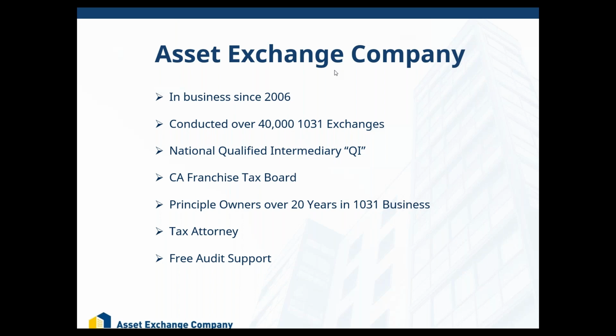But for any file that we work on in any part of the country, because we handle 1031 exchanges throughout the United States, the Franchise Tax Board has oversight. As I mentioned, they could come into our office at a moment's notice and audit any file that we work on, not just California property, but in any state where we handle 1031 exchanges. So you do have some assurances when you deal with us.